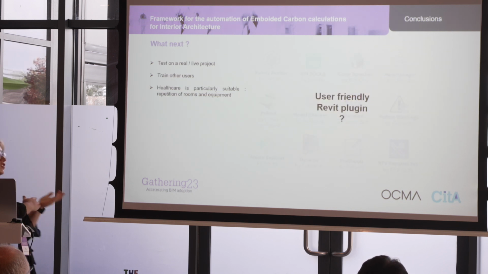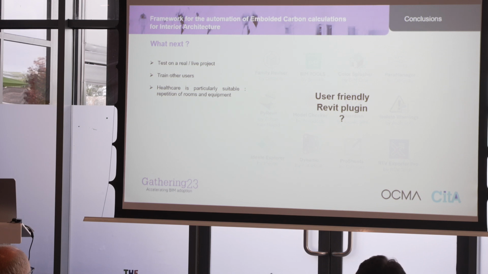So just to finish, this workflow really would need to be tested on a real project now and run in parallel with a structural LCA to have comparison, and ideally run again once the project is completed to be able to compare it. This workflow is best suited to projects that have a very high level of repetition of rooms.